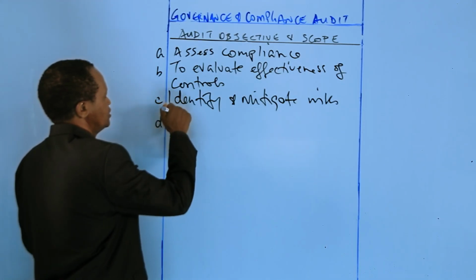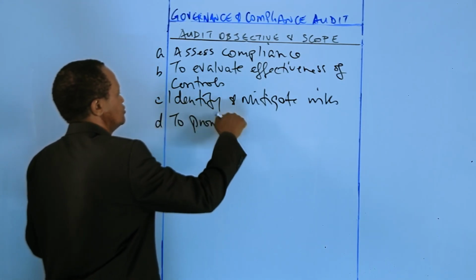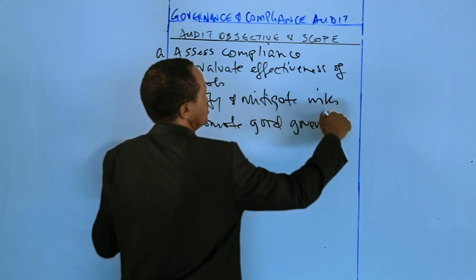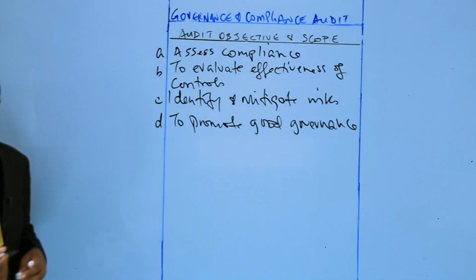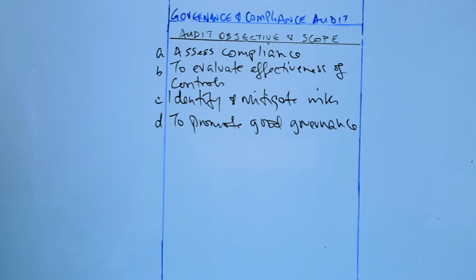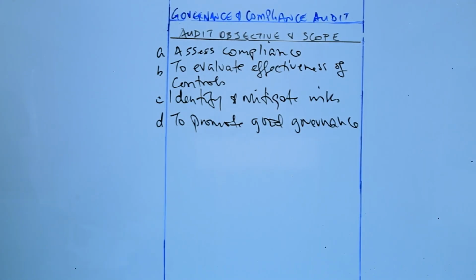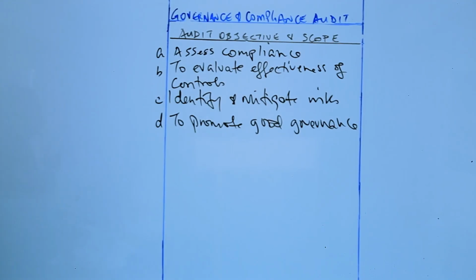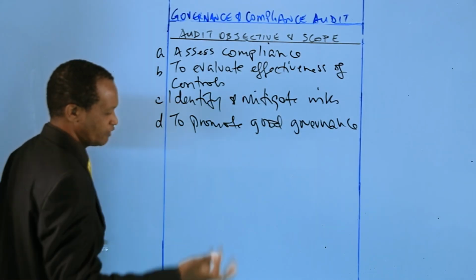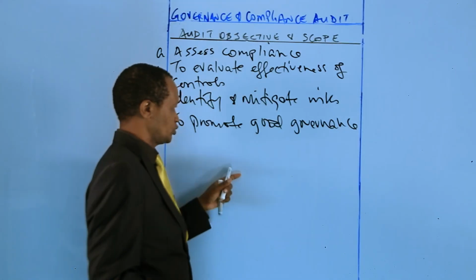Number 4, to promote good governance. This is a broader strategic objective. It is to provide assurance that the organization's governance framework is sound.